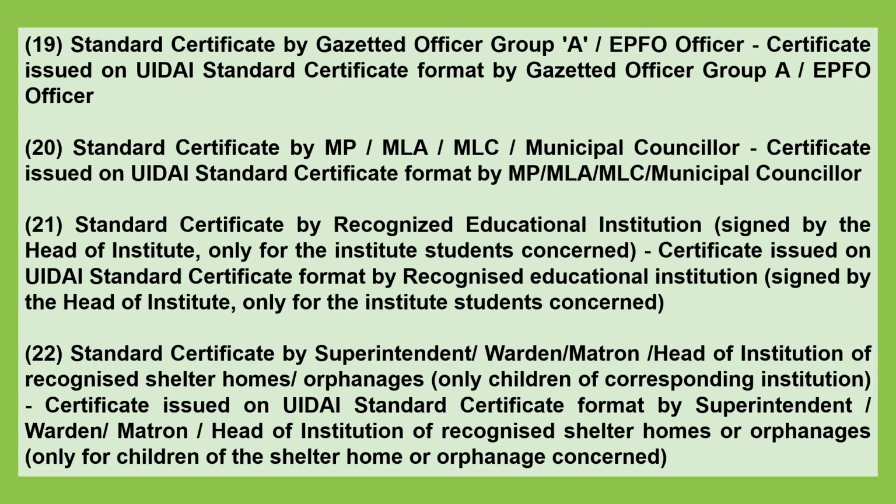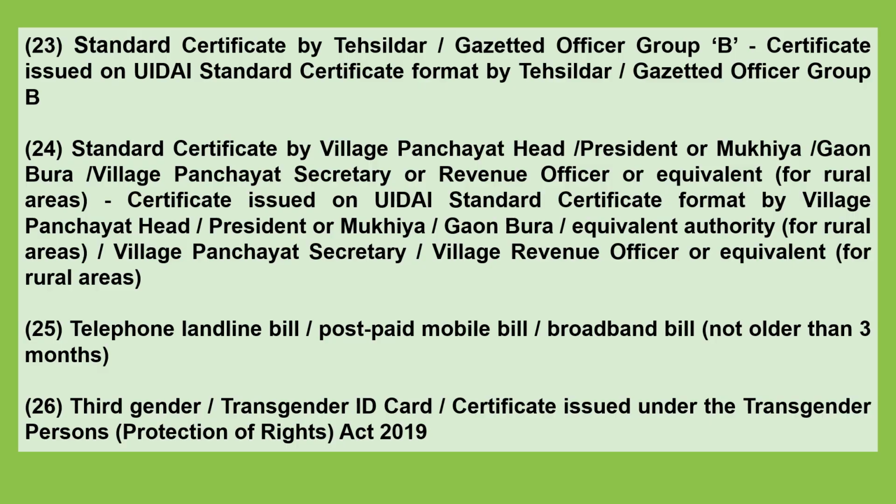Certificate issued on UIDAI standard certificate format by superintendent or warden or matron or head of institution of recognized shelter homes or orphanages only for children of the shelter home or orphanage concerned. And certificate issued on UIDAI standard certificate format by Tehsildar or gazetted officer Group B.